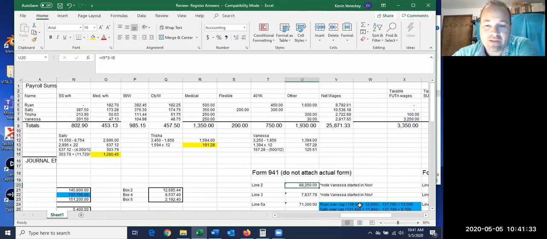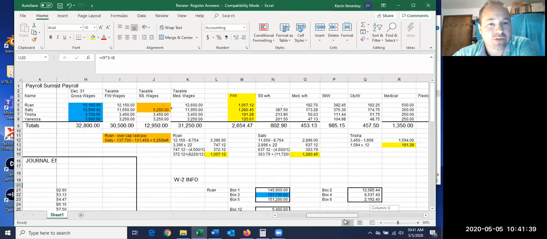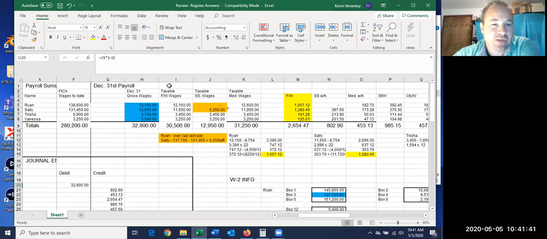But then noting that Vanessa didn't work in October, we need to subtract out 1 month of hers. So I took the total times 3, and then I just subtracted out 1 of her pay and pretended that that was the October pay. If her pay would have been different every month, I would have actually had to go back to October.